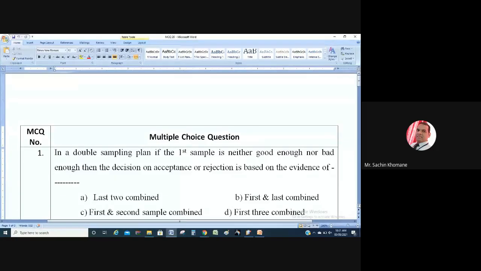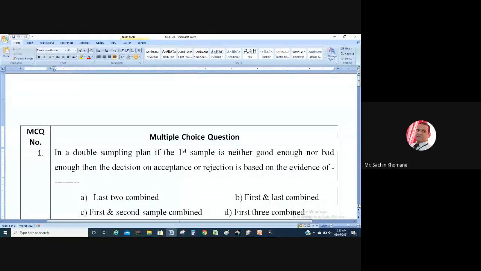Just now we have discussed this question. Right. So I think in the double sampling plan we have discussed this. So what is your guess? What is your answer? Can you see the question clearly? Or I will read.